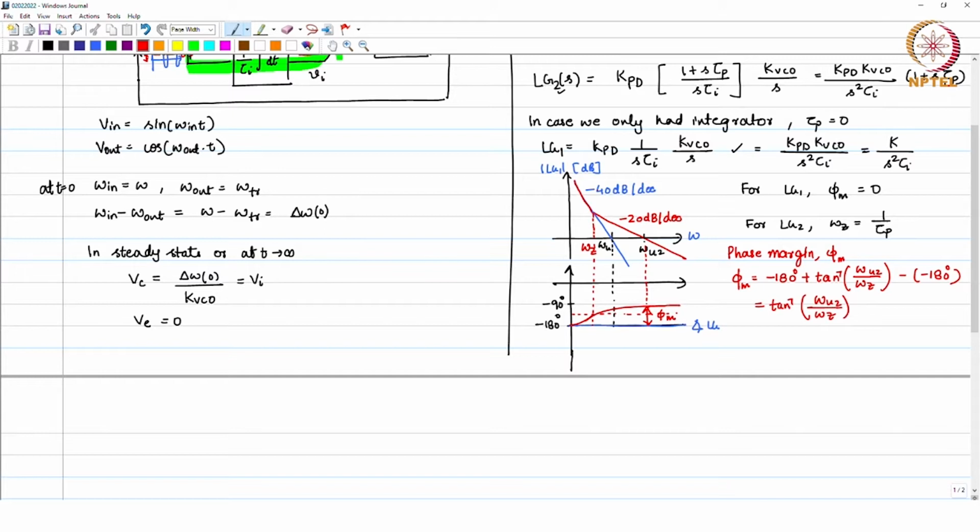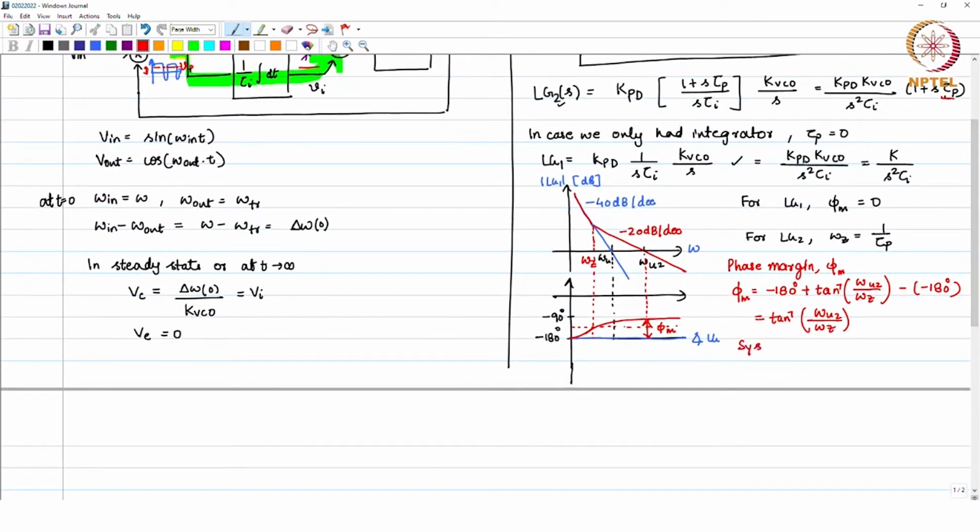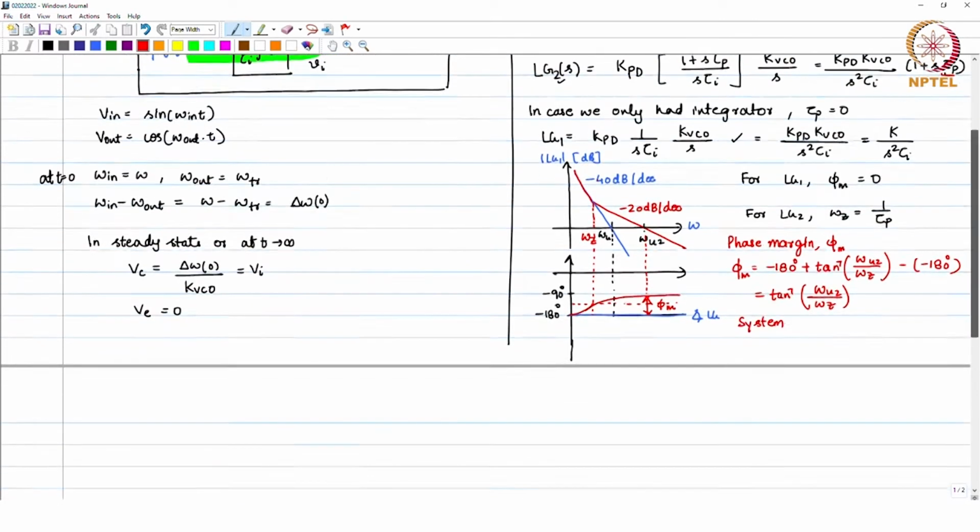So, you have a positive phase margin, your system is stable. Okay. This system is stable, whereas loop gain 1 was not stable.